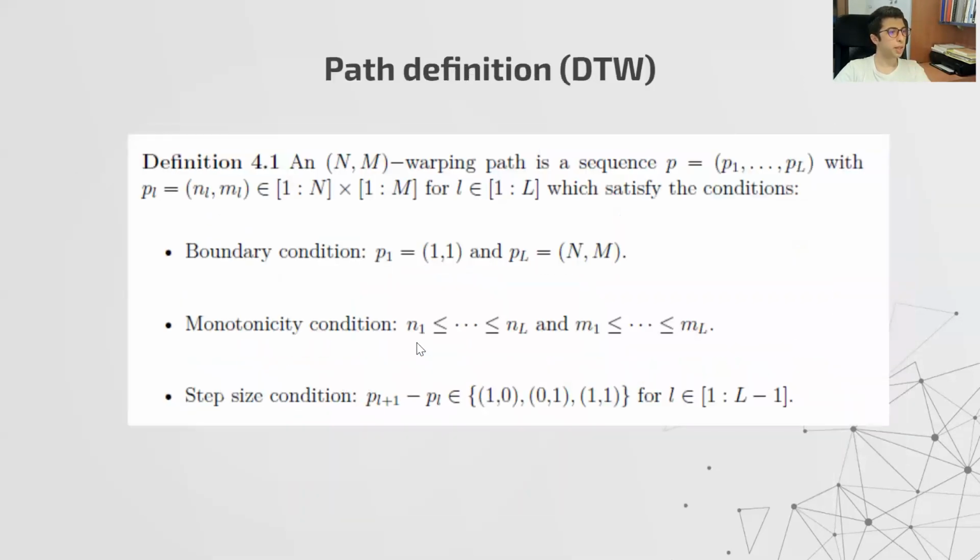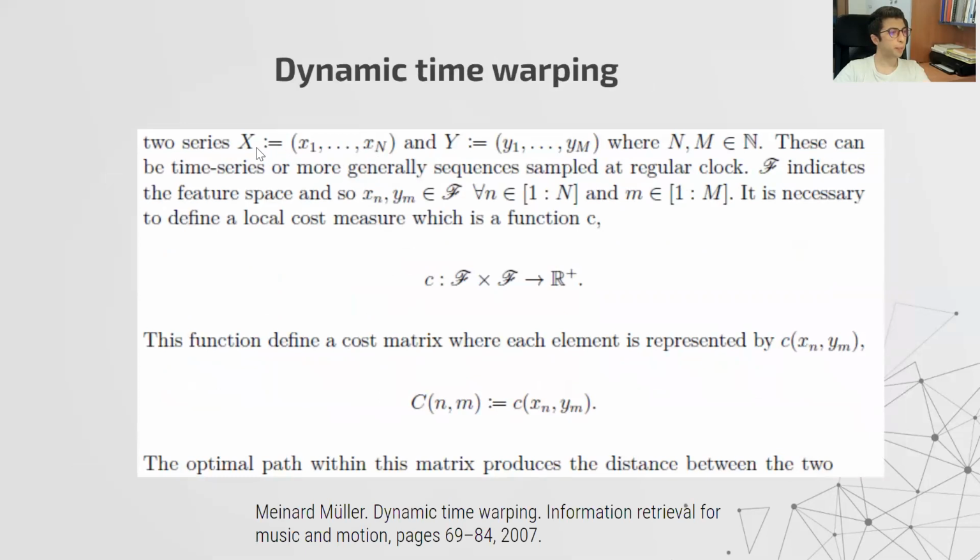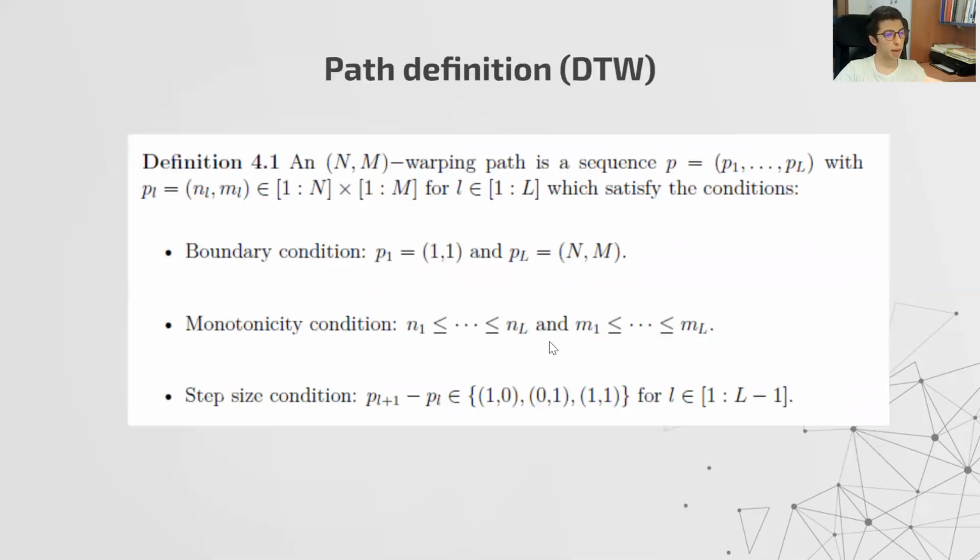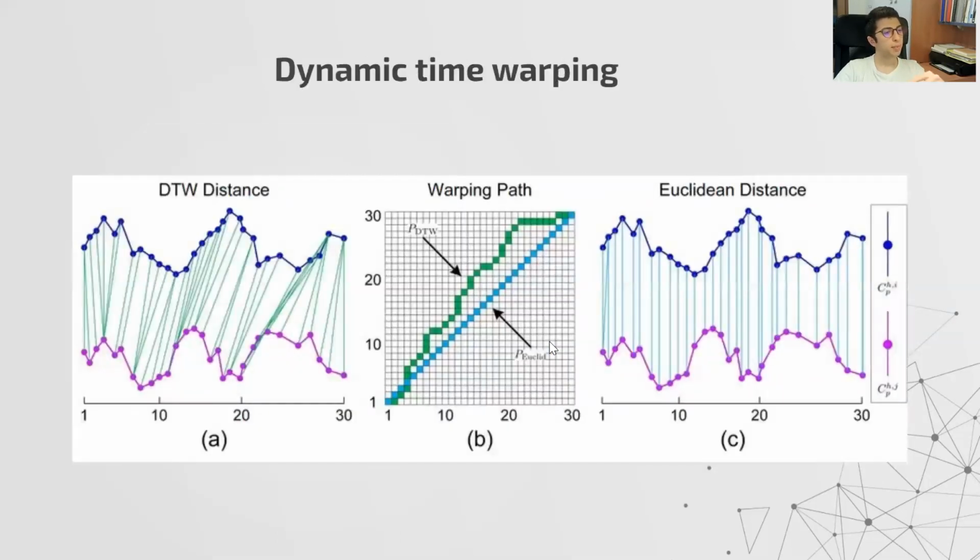So in this first slide, we have the X series that has n elements and Y has m elements, so they are not the same. And another reason is the shift that one series can have with respect to the other time series.